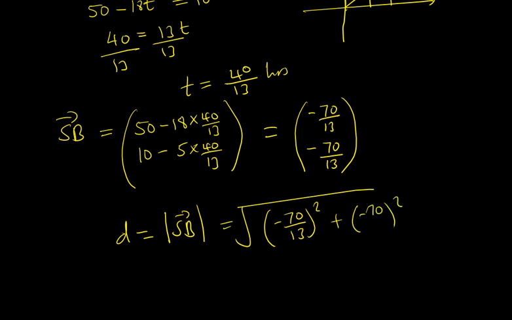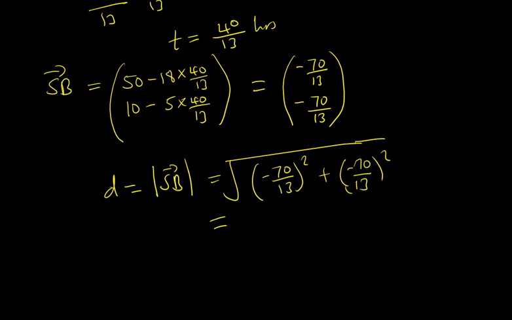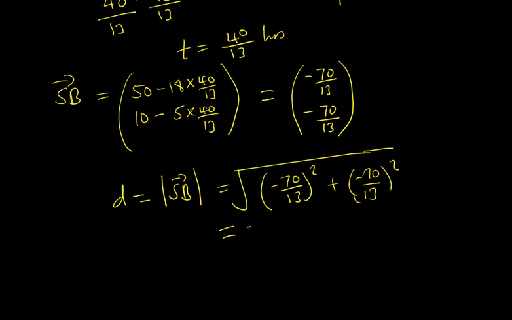When you do this, the exact answer is 70 root 2 over 13, or 7.6123 to 5 significant figures. And that's it for this question.